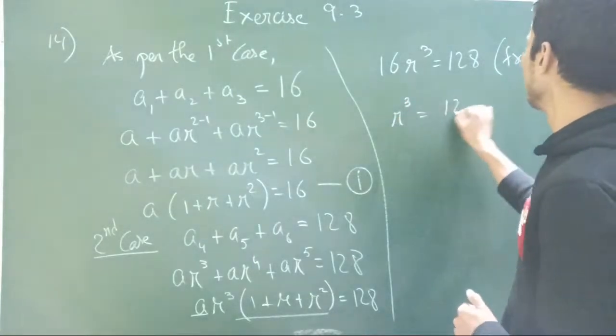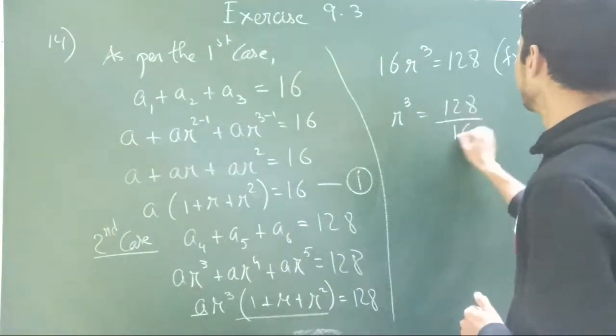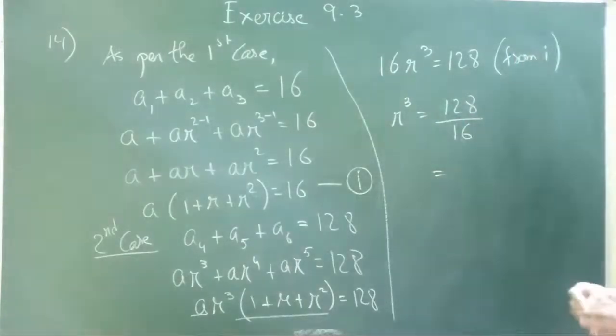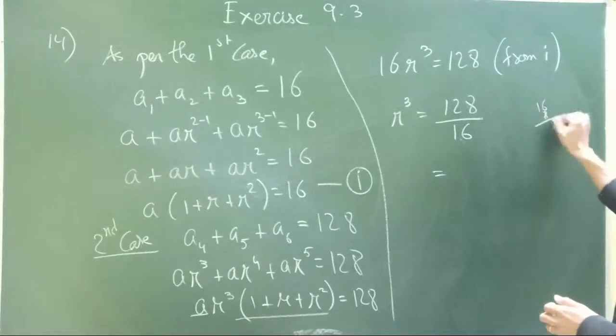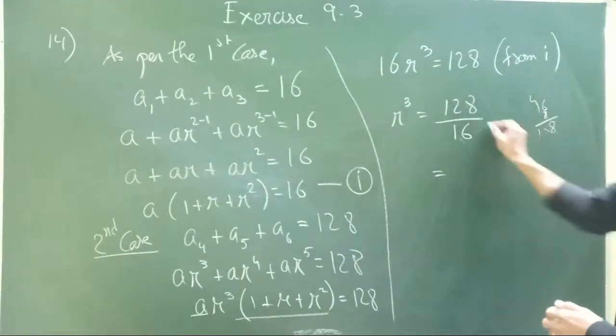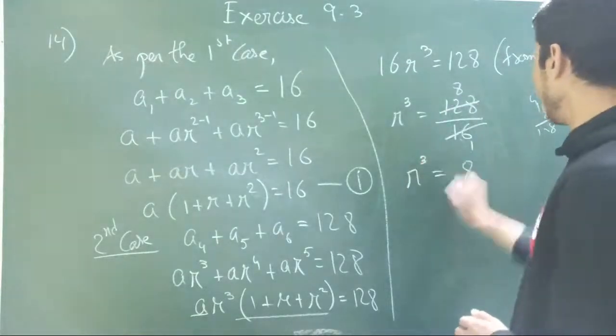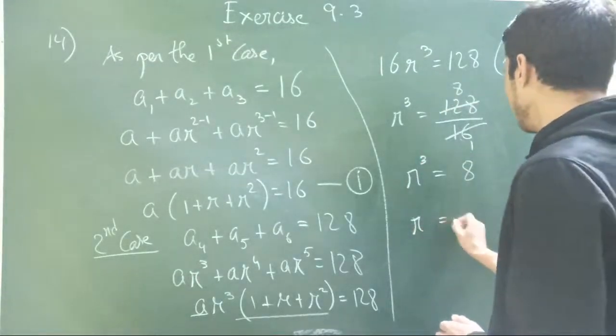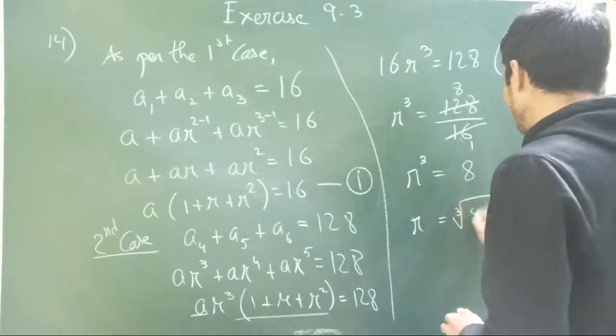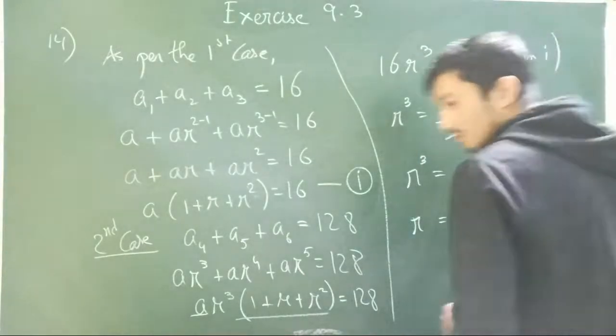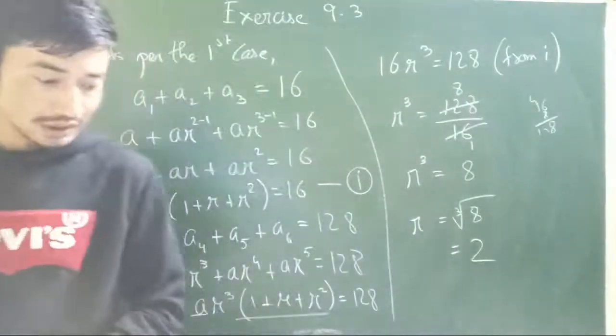So R cube will be 128 by 16. 16, 8s are 128. So R cube is 8. So R will be the cube root of 8. So the value of R is 2. So the value of the common ratio here is 2.